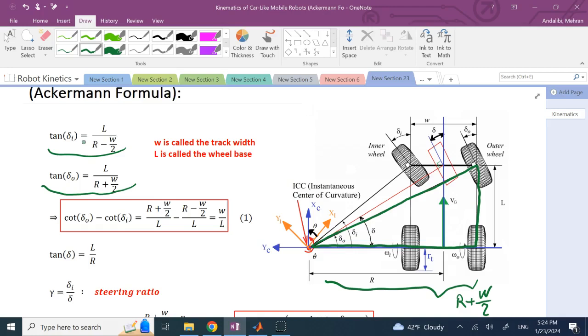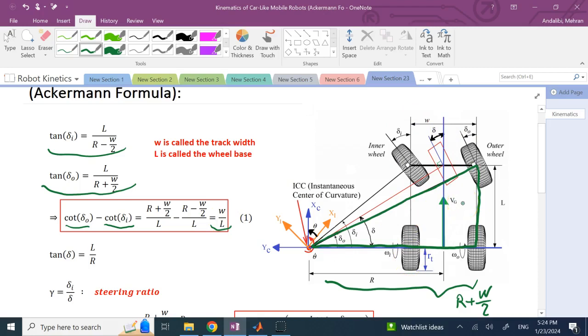So another way that you can get a formula out of these two is to say cotangent of delta O minus cotangent of delta I is W over L, which is basically a spec ratio for your chassis.